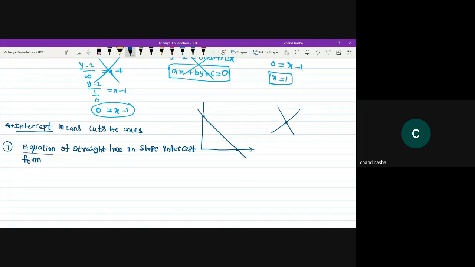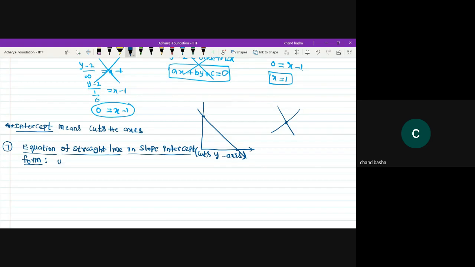Intercept means your line cuts the x-axis or y-axis, depending upon the given problem, but always try to use the standard format, that is the y-intercept. I am going to take it as cutting the y-axis.